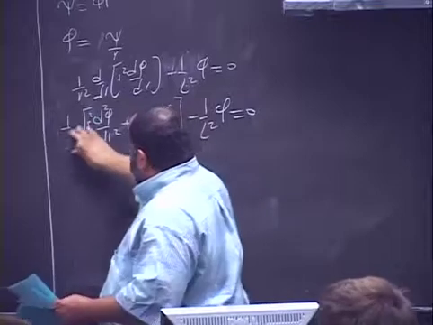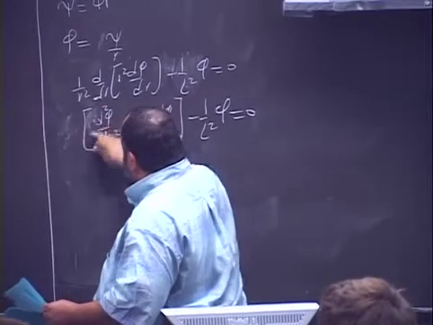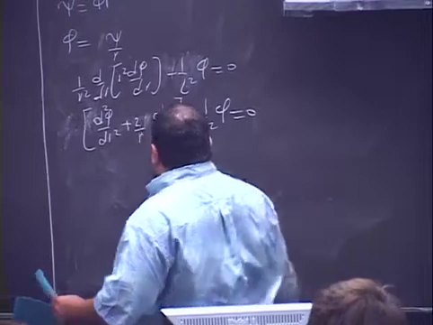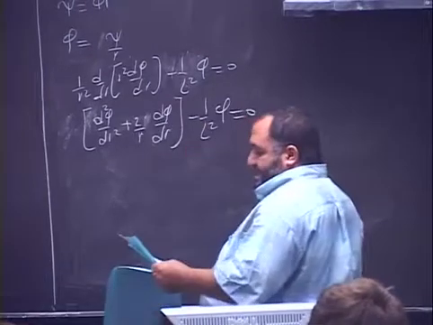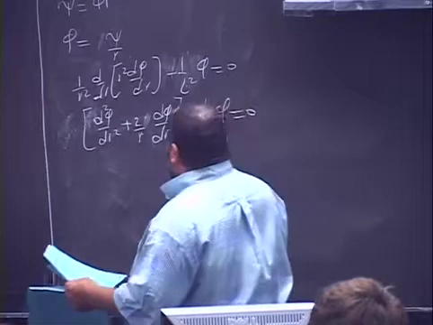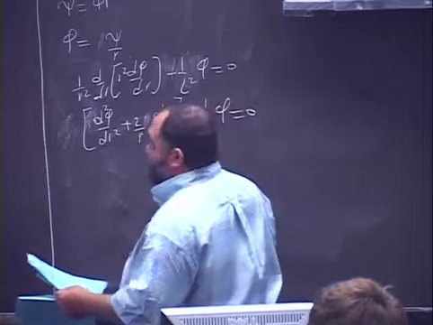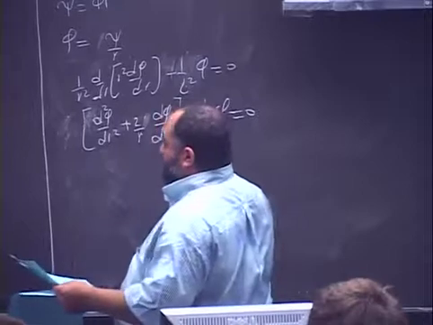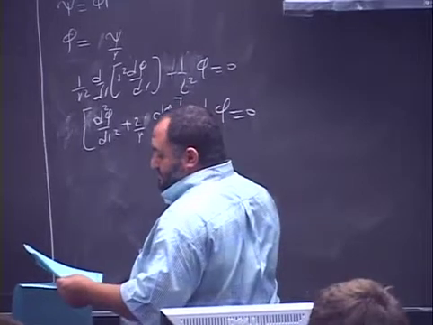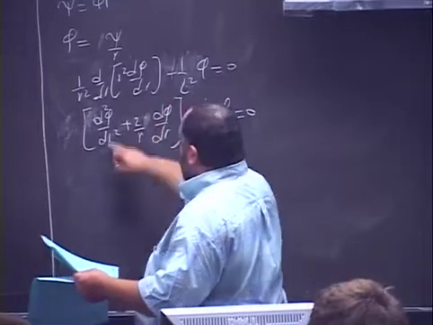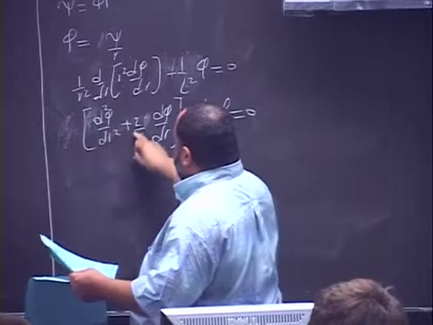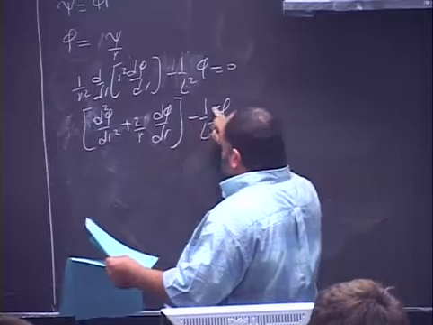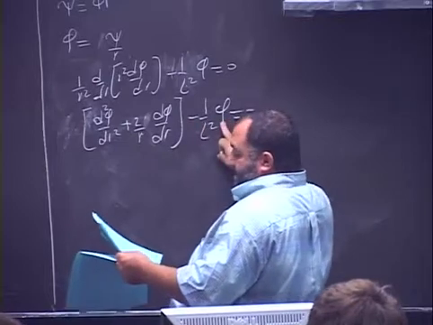Then r square will cancel with r square here, and this will be 2 over r. So you will have d2 phi by dr square plus 2 over r d phi by dr minus 1 over L square phi.